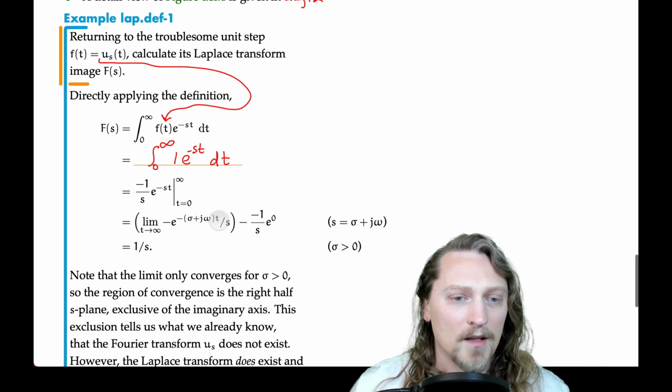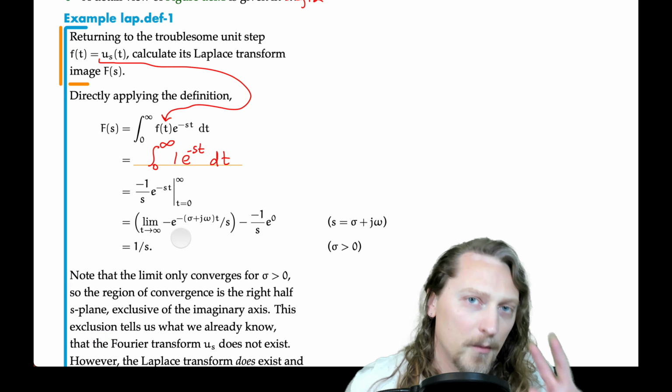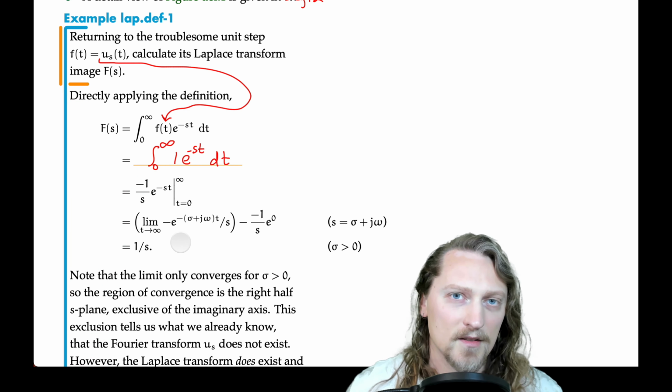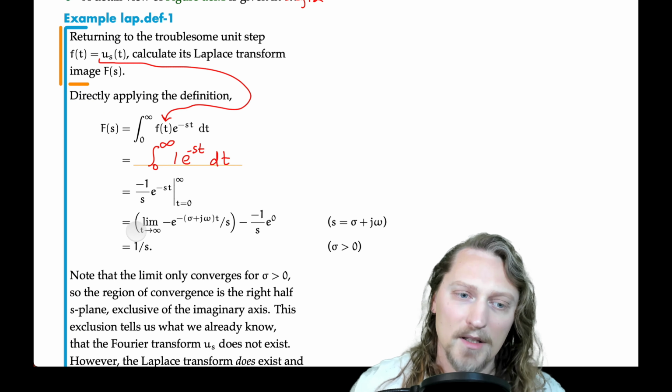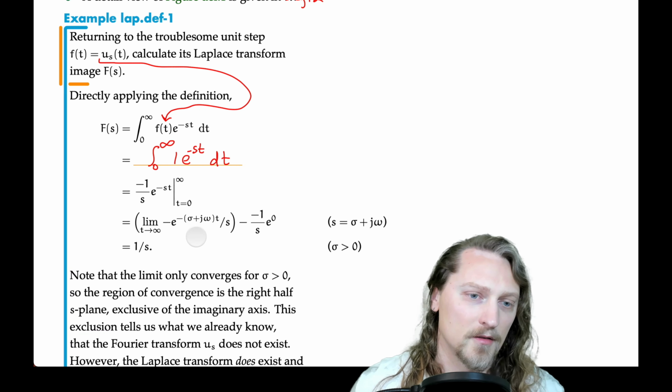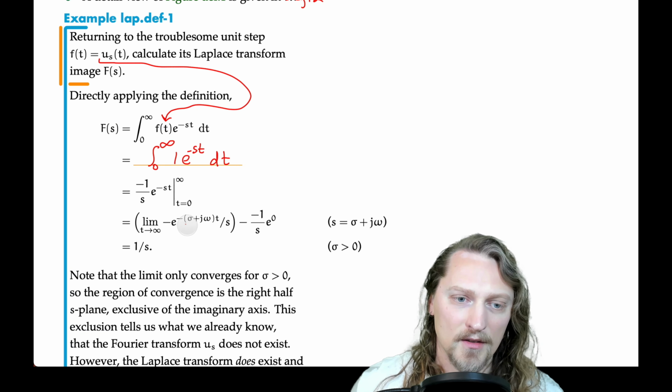Now, an interesting thing happens. When we evaluate something at infinity, truly we are evaluating the limit as that variable goes to infinity. So we take the limit as time approaches infinity with this term, which is just this, but we've expanded out s to be sigma plus j omega t.